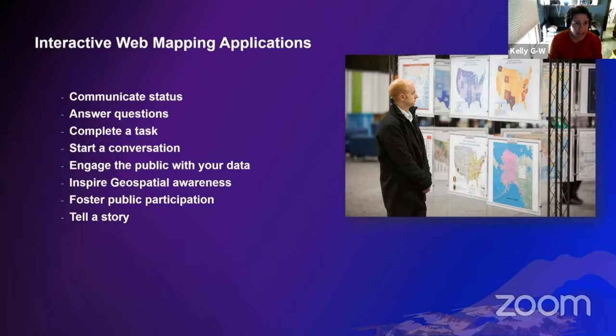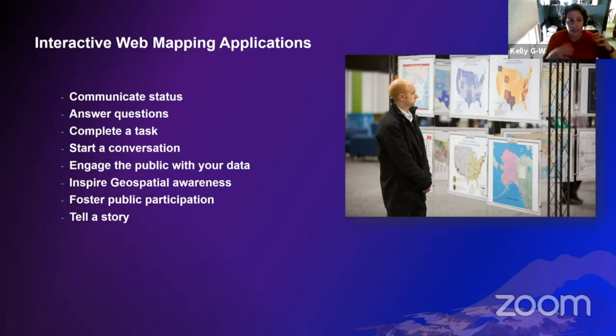Why are web mapping applications used? To communicate status, to answer questions, sometimes to complete a task. There are web apps that are specific to entering data, or we'll talk a little bit about adopting a highway later on. They can be used to start a conversation by exploring a new topic or showing a new pattern. You can engage the public with your data.